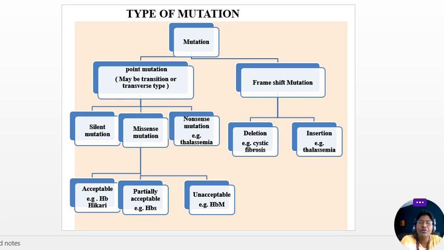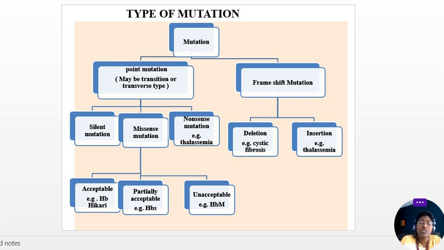The point mutation we can call a base mutation. That means when you take a DNA, it has a sequence of bases. In this, if one base is replaced by another base, that is called point mutation. Another one is frame shift mutation.